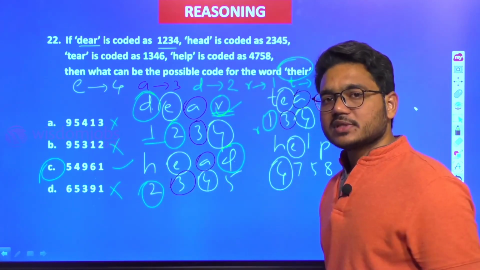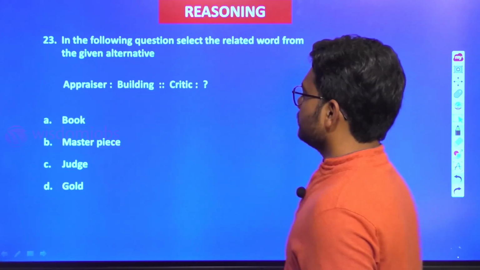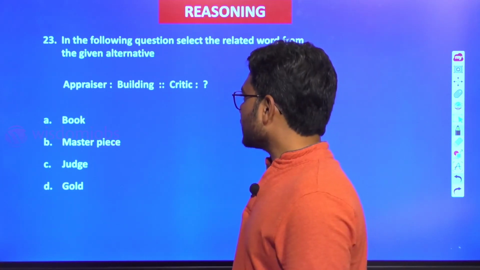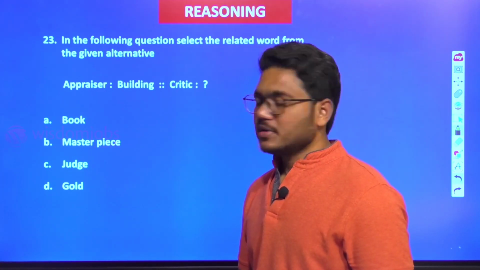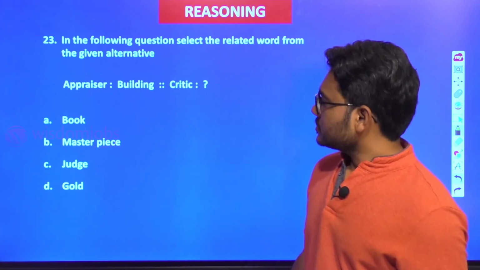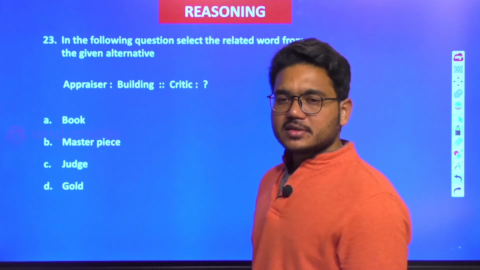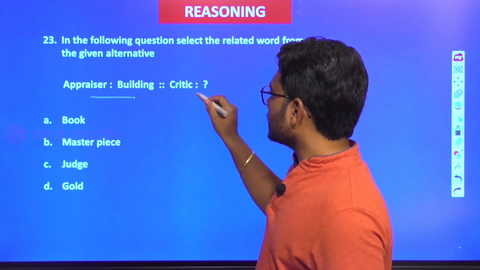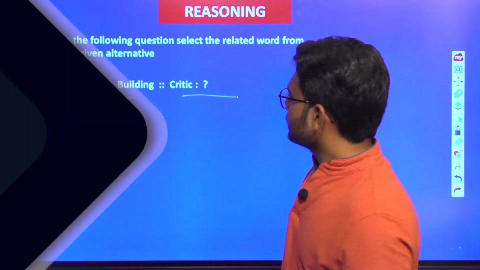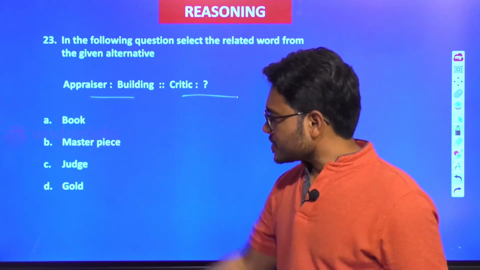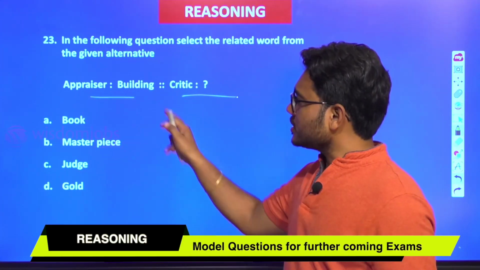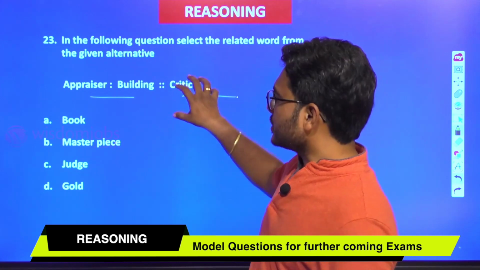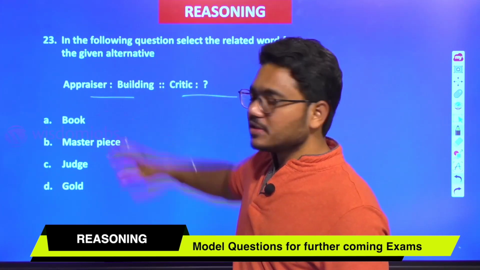So let us move ahead with our next question. Yet again, another analogy question. Now you know the pattern here, so you need not read these things. You need to choose the best option which relates like this initial pair.